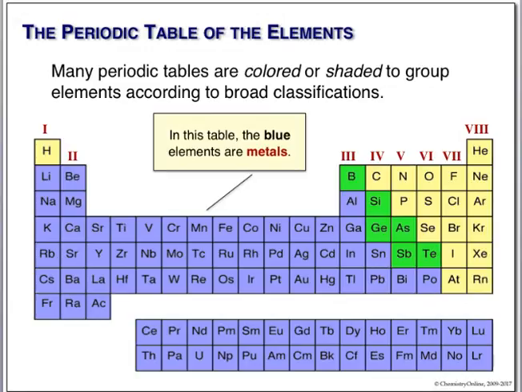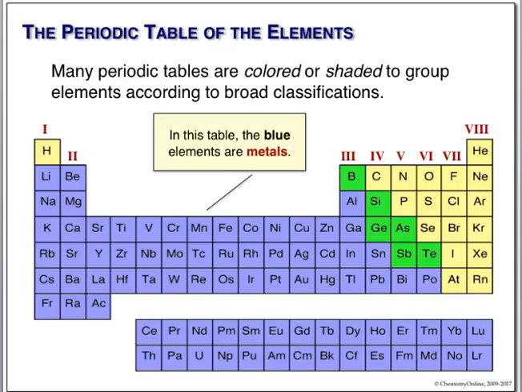All right. This periodic table is black and white with a little bit of red all over. Many periodic tables, however, are colored. The one that I show all the time looks something like this. They're colored for a reason. When we deal with compounds, compounds are going to be two or more atoms stuck together. We're going to classify these as either molecular or ionic, depending upon the nature of the atoms.